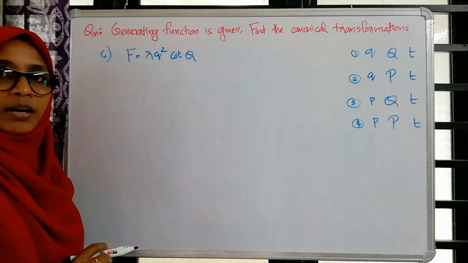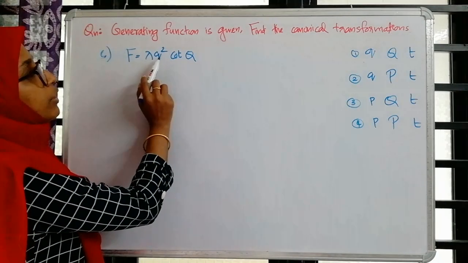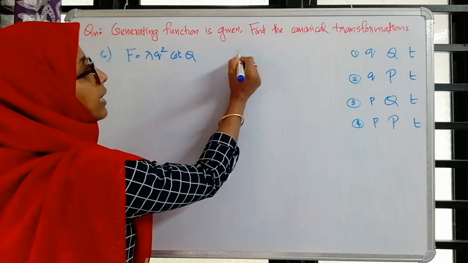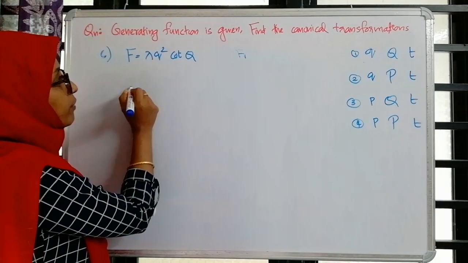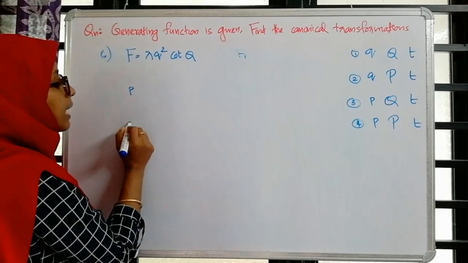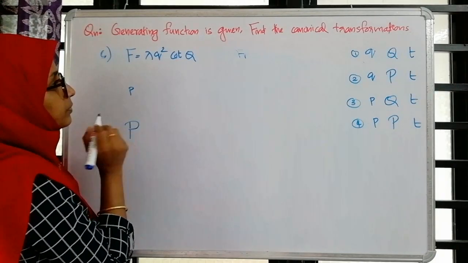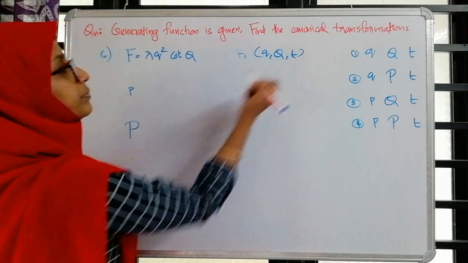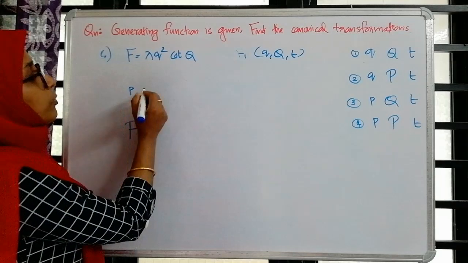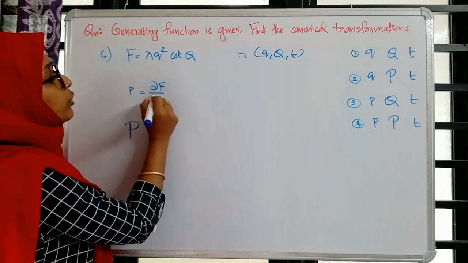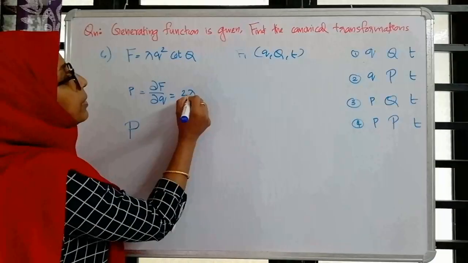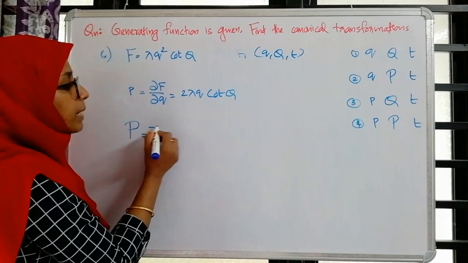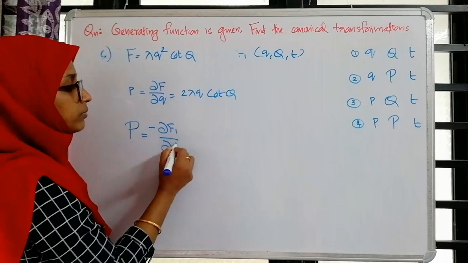Now, the third example, the generating function is lambda q square cot Q. Find out the canonical transformation. That is also representing F1, and in case of F1, we have to find out small p and capital P. As it is a function of q, Q, t, small p is equal to ∂F/∂q, which is equal to 2 lambda q cot Q. Now, the capital P will be having minus ∂F1/∂Q.